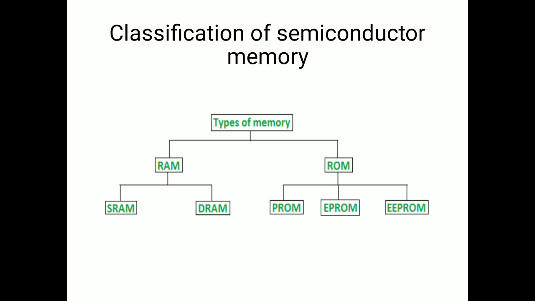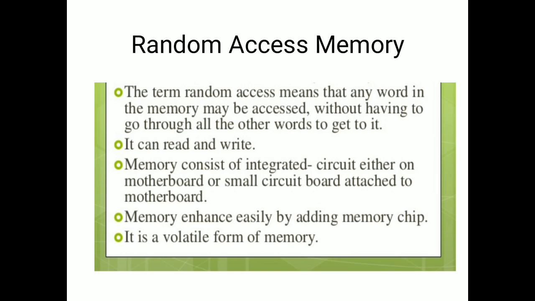So, the classification of semiconductor memory. There are two types of semiconductor memory: RAM, that is random access memory, and ROM, that is read-only memory. RAM, as I've told you, is random access memory.